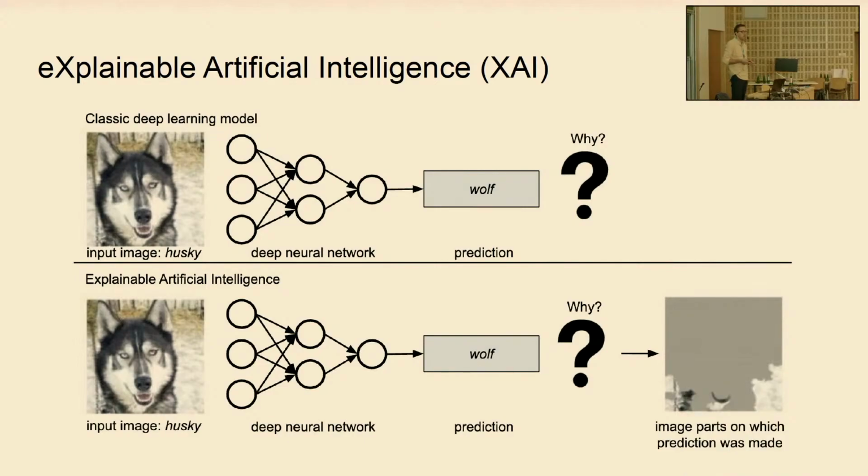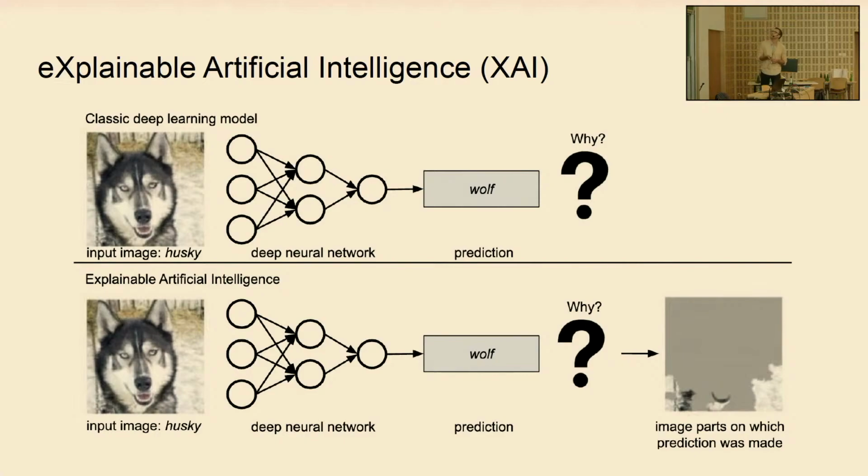Explainable artificial intelligence, the shortcut is XAI, wants to cover this gap by introducing not only the prediction, but also the reason of this prediction. So explanation. So there is a deep neural network which returns a prediction, and then we ask why this prediction, and we see the reason, right?